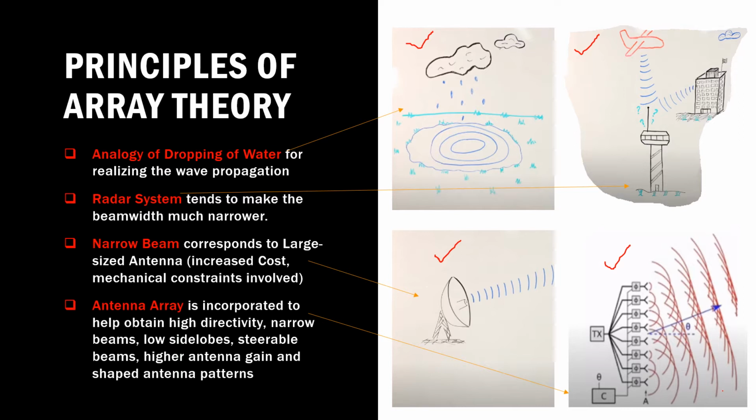So in order to compensate, we need to have an antenna array, and the characteristics of an antenna array are high directivity, narrow beams, low side lobes, steerable beams, higher antenna gain, and shaped antenna patterns.